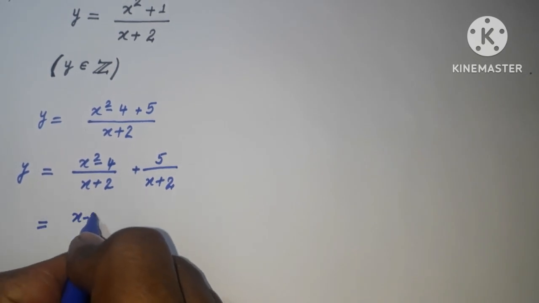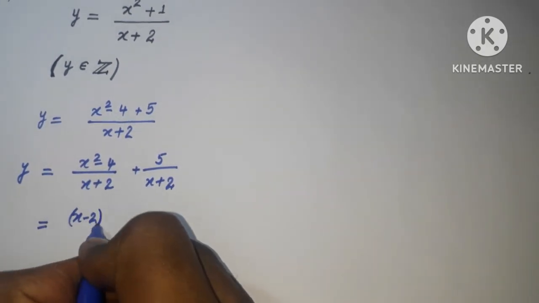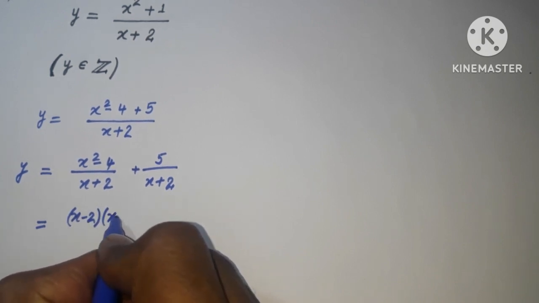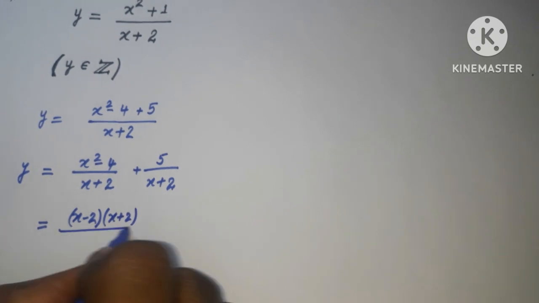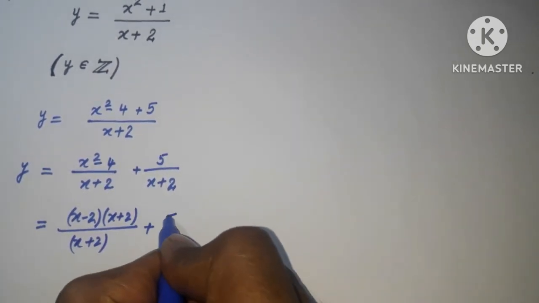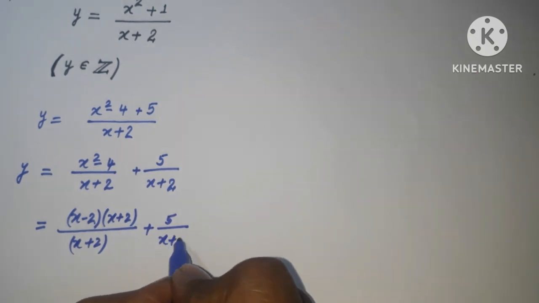We have x minus 2, because a square minus b square gives us a minus b times a plus b. So x minus 2 and x plus 2 are there, divided by x plus 2, and then 5 divided by x plus 2.